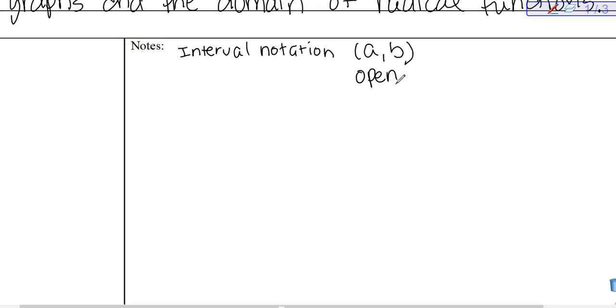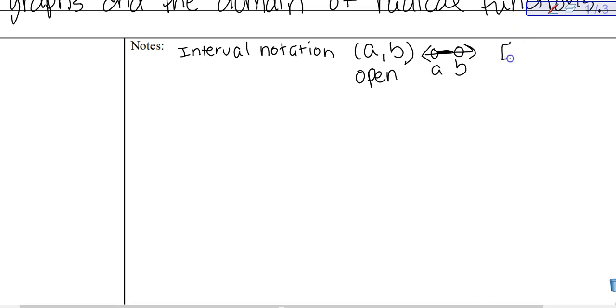Okay, it's open, or it's non-inclusive. So if I were to graph that, and I put A here and I put B here, I would put open circles on A and B, and I just collect up all the space in between. I'm just trying to get as close as I can possibly get to A and as close as I can possibly get to B, basically just approach them without including them. So that's an open interval or a non-inclusive interval.